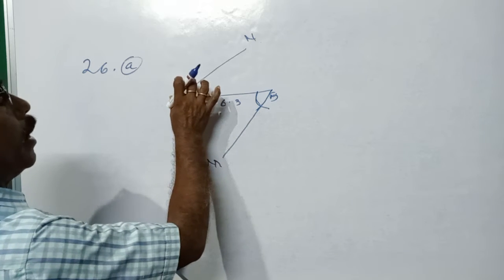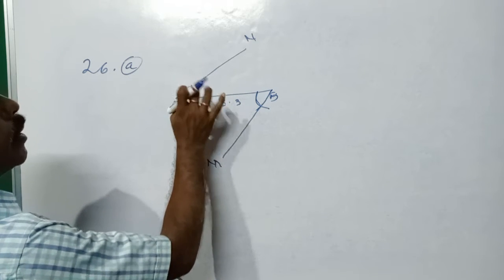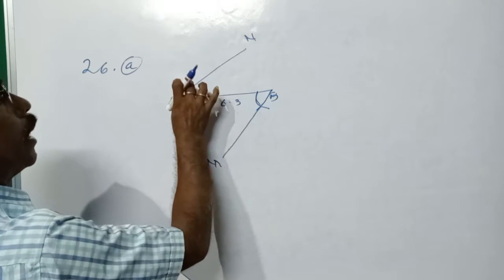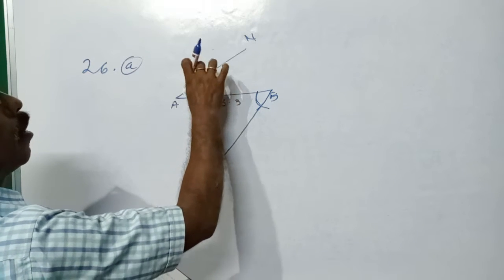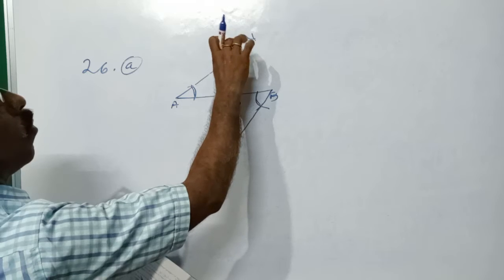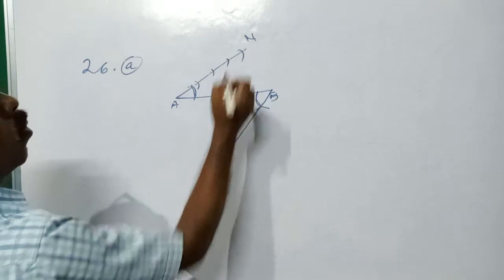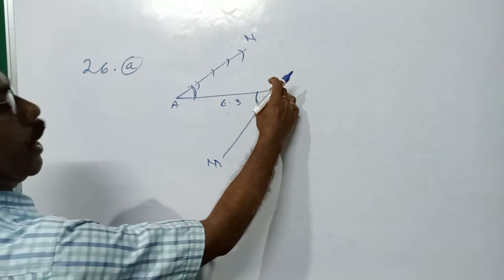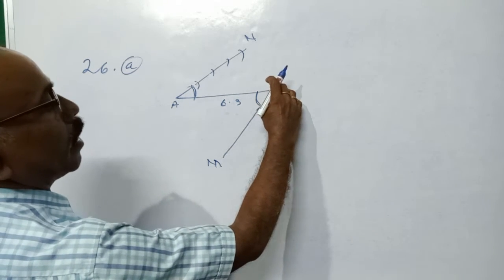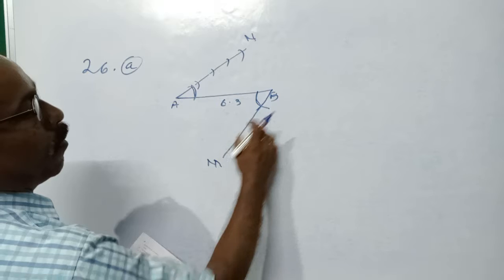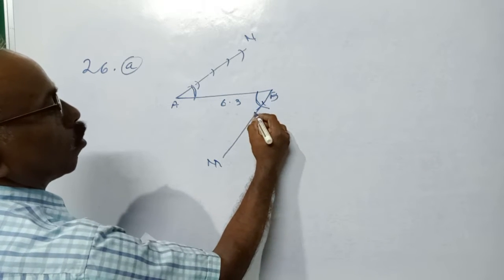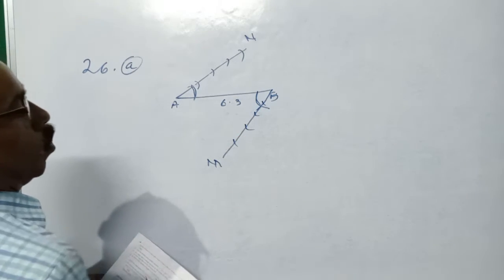Now we take 4 equal parts from AN like this: 1, 2, 3, 4. Similarly, we take the same division from BM: 1, 2, 3, 4.